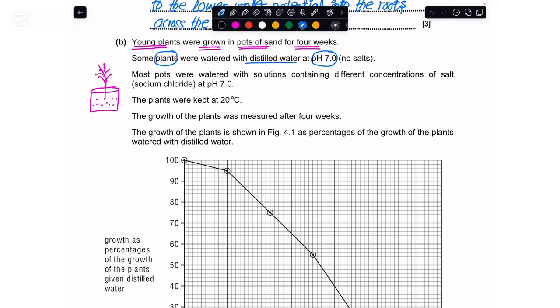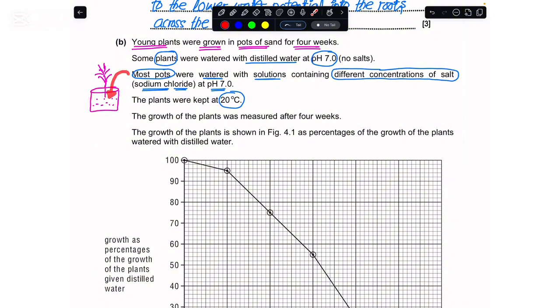At the same time, he took many other pots, but he watered them with solutions having different concentrations of salt in them, and the salt that was added into the water was sodium chloride, but the pH again was kept at 7. And for this investigation, they are saying that we have kept the temperature of the plants at 20 degrees centigrade. So the simple idea is that we would have this plant and it is growing in the sand pot.